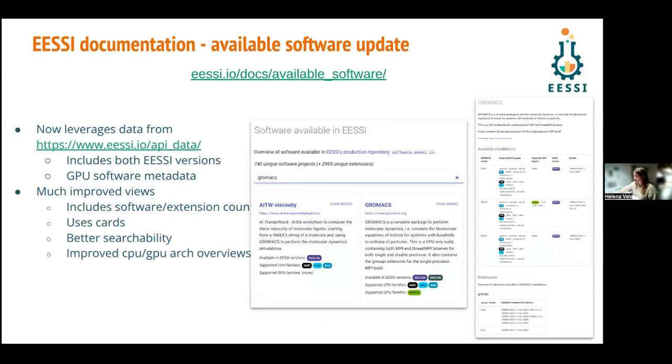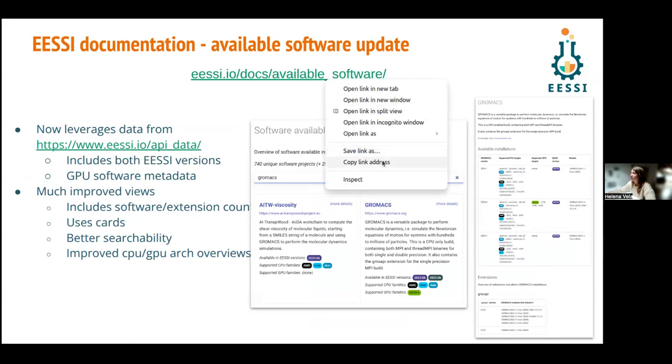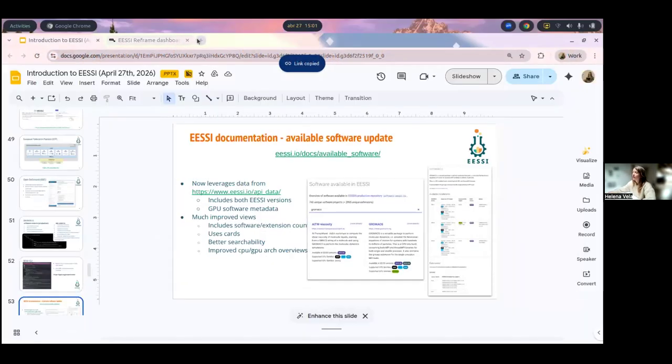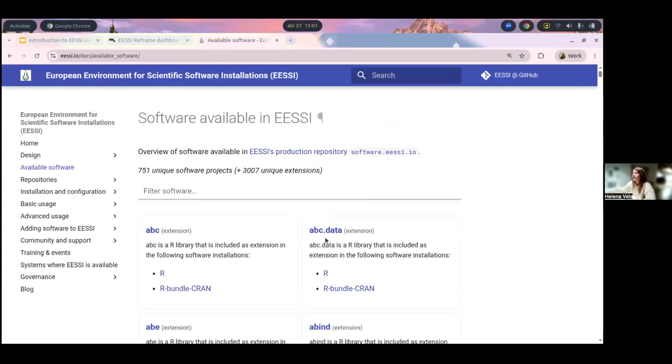And there's also this very cute update on the available software page. It used to be a bit difficult to read, but now it's super nice. So let me show you too. If I go here, I will see all the software that's available in EESSI and the count of how many things you have.